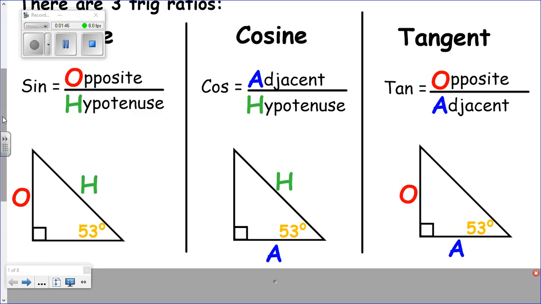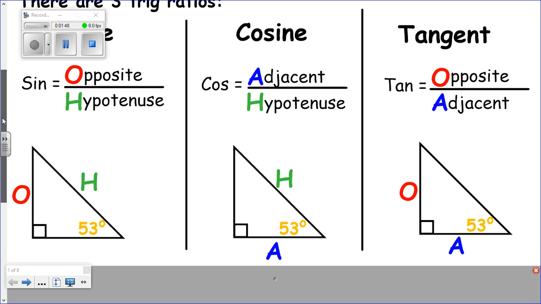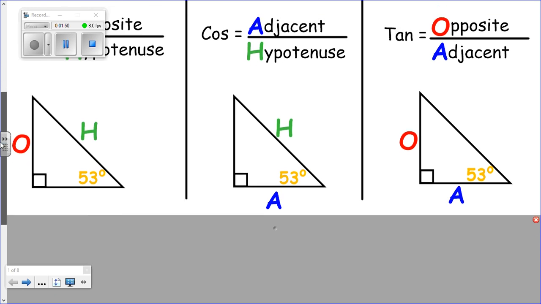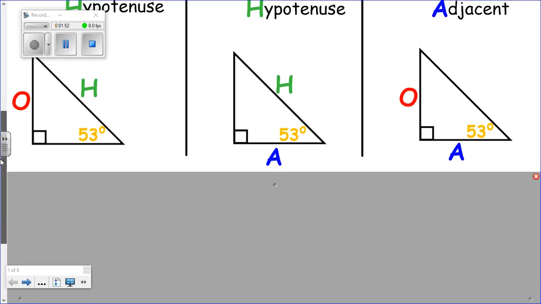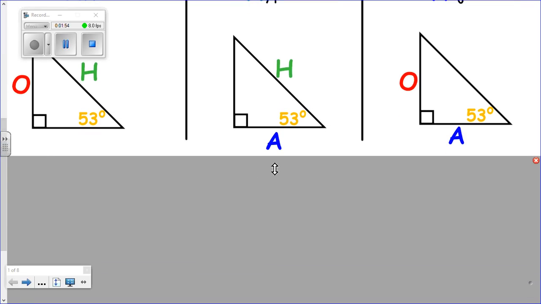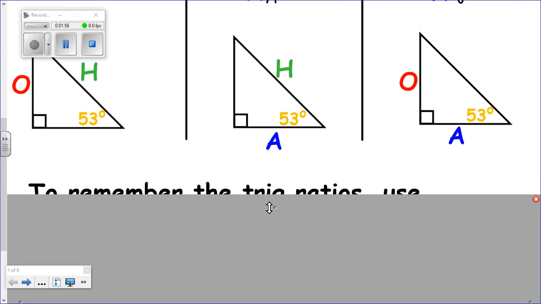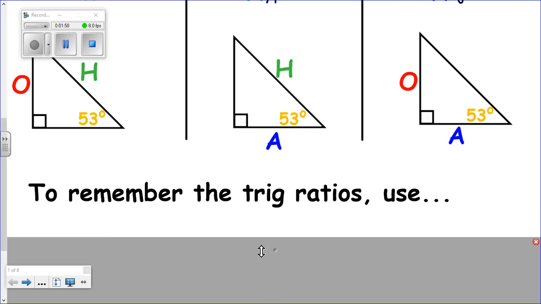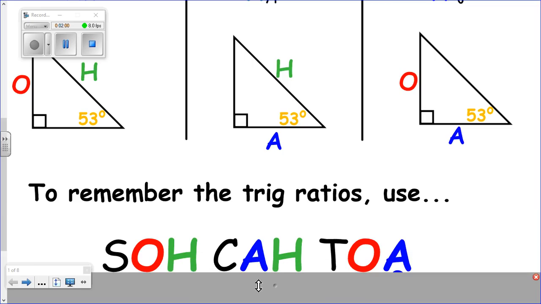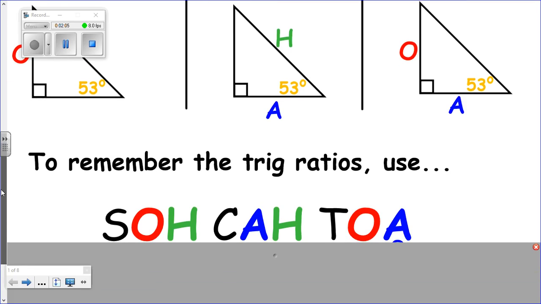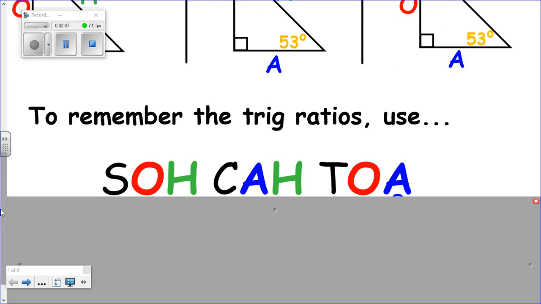Now, there's a trick to help us remember these trig ratios and what goes with which: opposite, adjacent, hypotenuse. If we remember this saying, I know it's going to sound funny, it's called SOHCAHTOA. So remember how to spell that and how to say it.